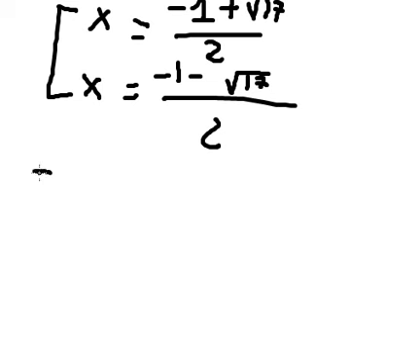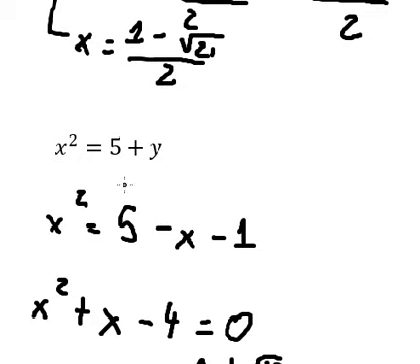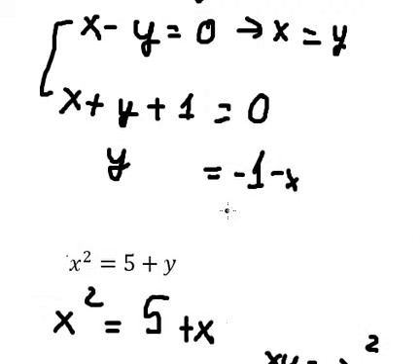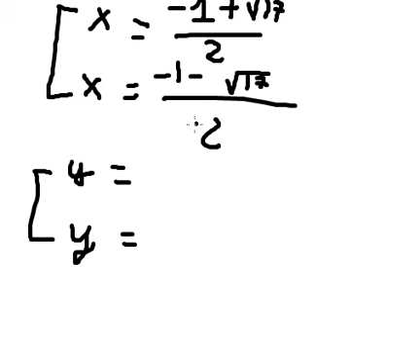After you got x, we can find the value of y. So we have y equals negative 1 minus x. So we put this one in here to get the value of y. And we have like this.